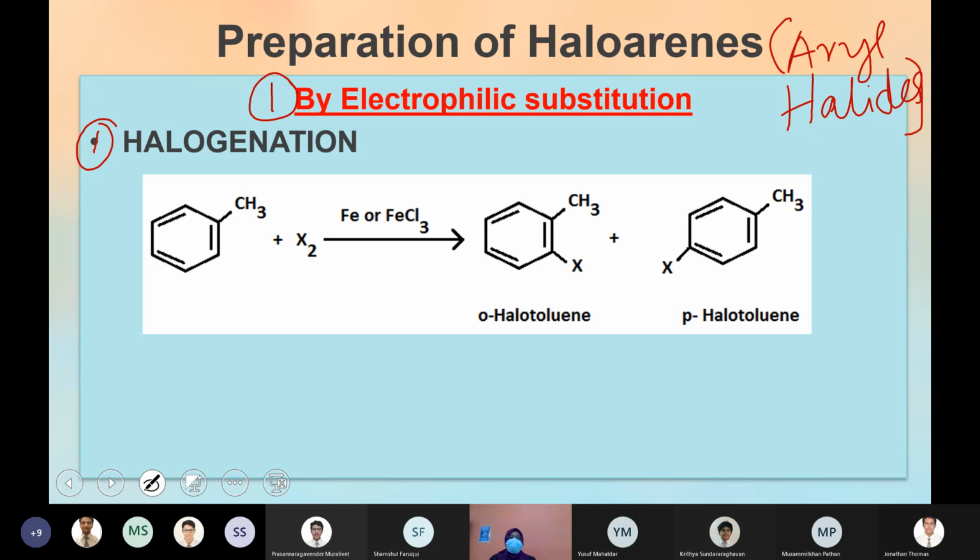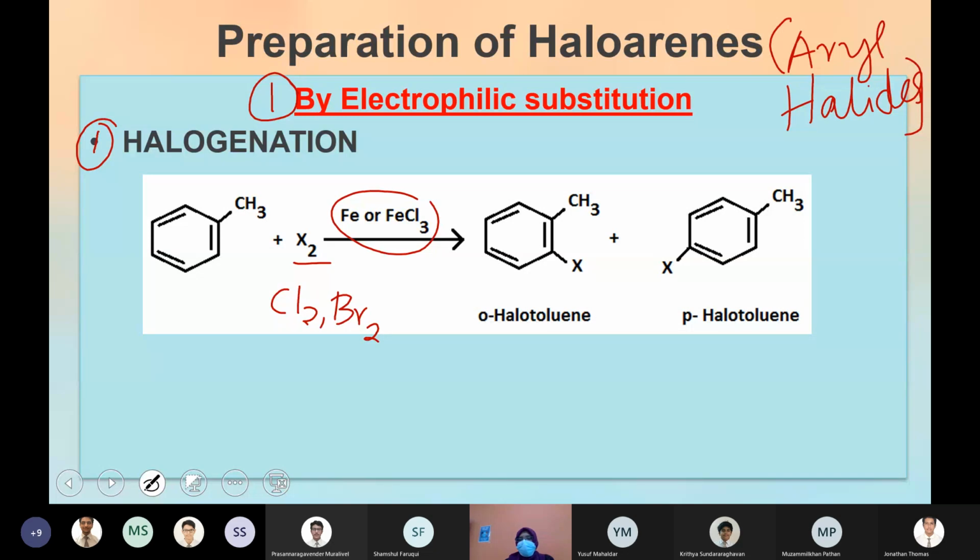So you take a benzene aromatic compound, any compound containing a benzene ring is falling under aromatic compound, and you are taking X2, that is halogen, it can be chlorine, it can be bromine, etc. And the catalyst is metal iron or chloride of iron, FeCl3 or Fe. This catalyst is very, very important in electrophilic substitution.